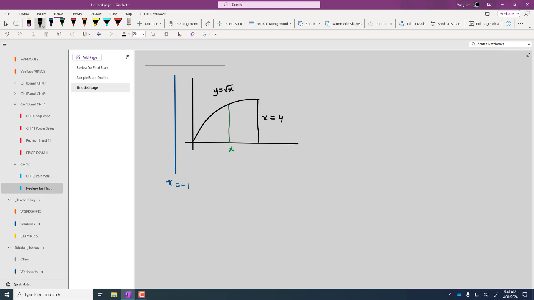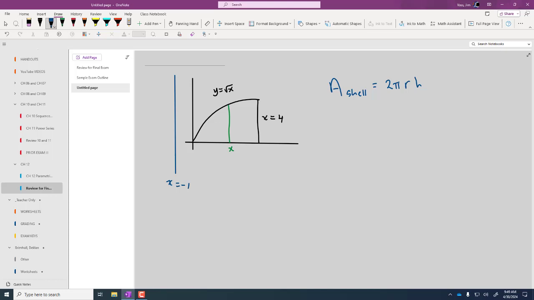So parallel shell, parallel shell. And then we know that the area of a shell, which is nothing more than a cylinder, is 2 pi times r times h. Circumference, 2 pi r, times h. That's going to give us the area of the shell. So 2 pi r h.